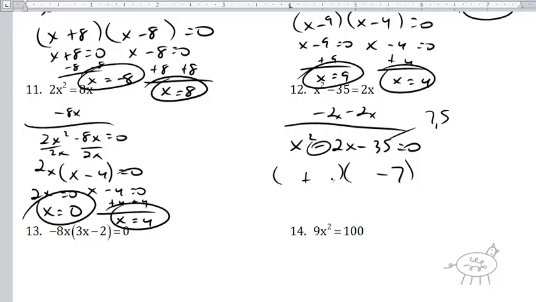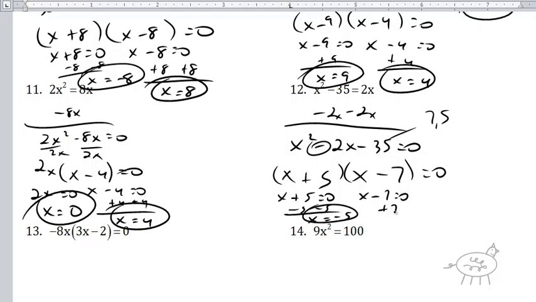This is going to be positive 5, because those are the numbers that work. Okay? And then, of course, it's going to be x and x. And then you guys said each one of those equals 0. Okay, subtract 5, x equals negative 5. And add 7, x equals 7.